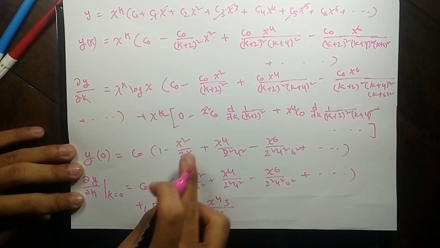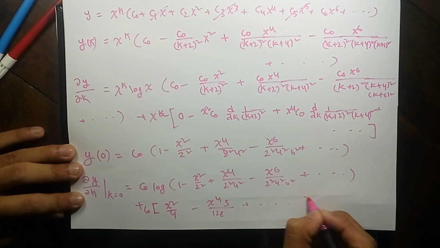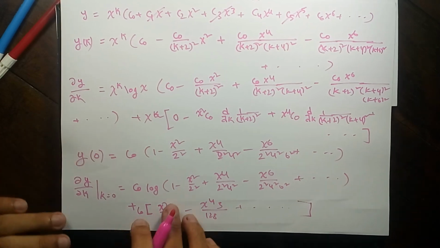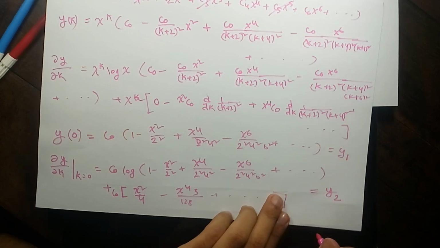And remember, I have taken c0 out of the bracket as common, and plus and so on. So this will be my first solution, and this will be my second solution.